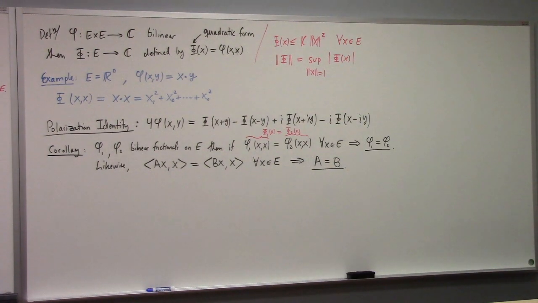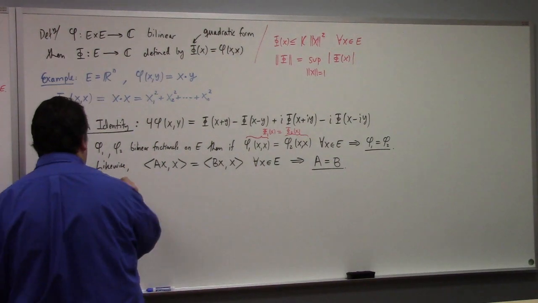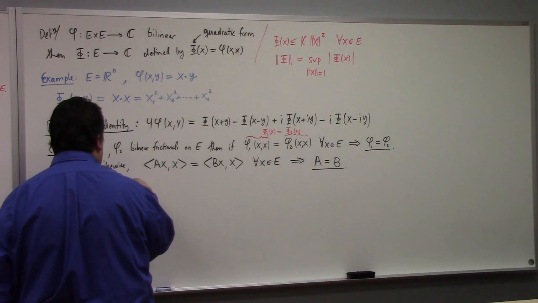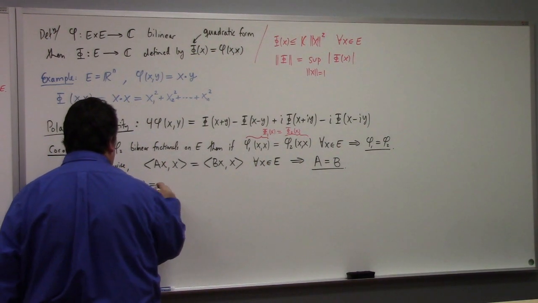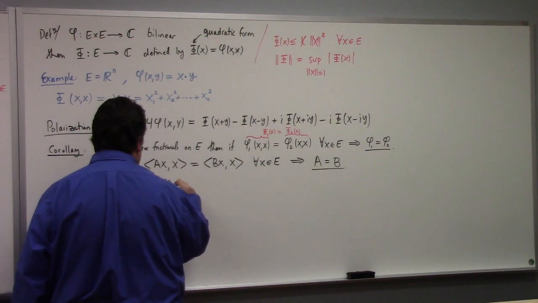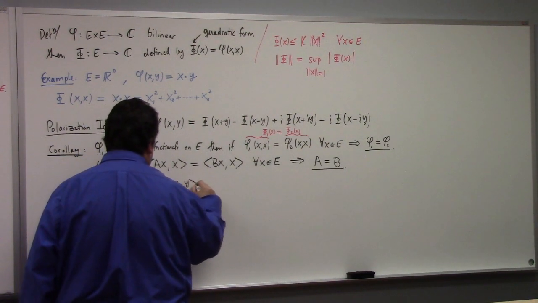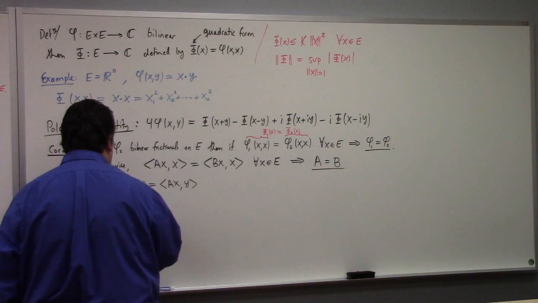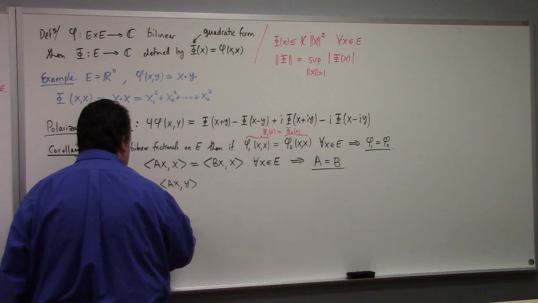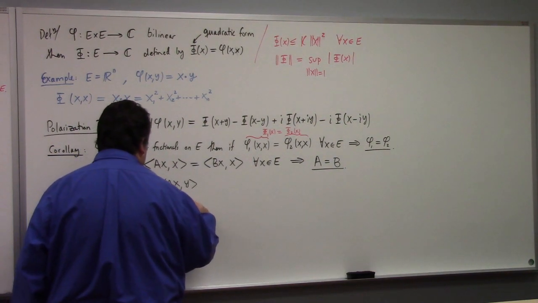Let me look at his proof here. Okay. He says the proof for operators is obtained by letting phi1 of x, y equal to the inner product of Ax with y, and let phi2 of x, y equal to the inner product of Bx with y.